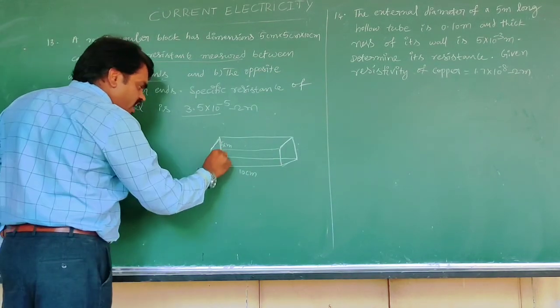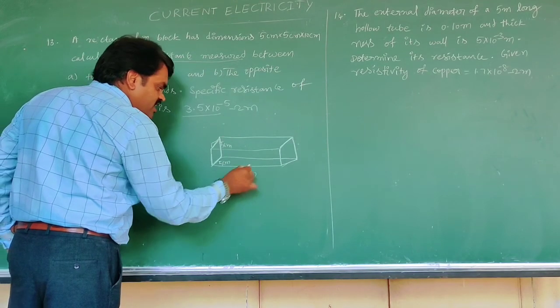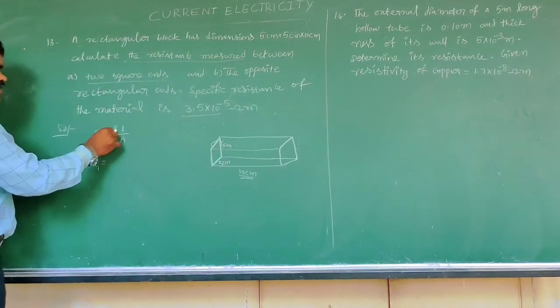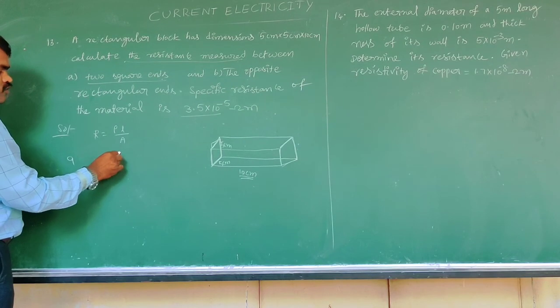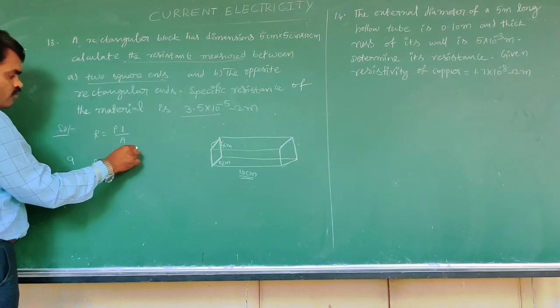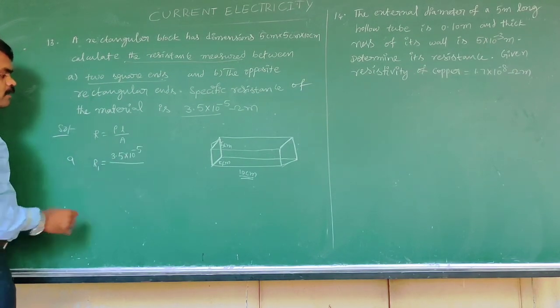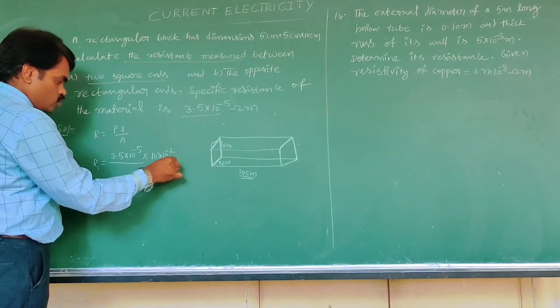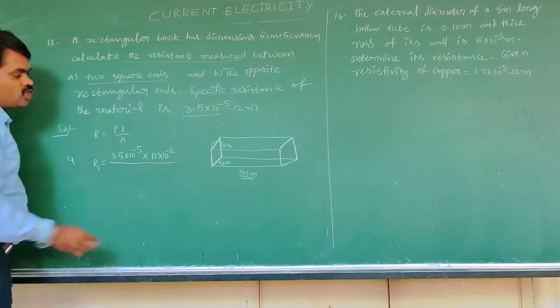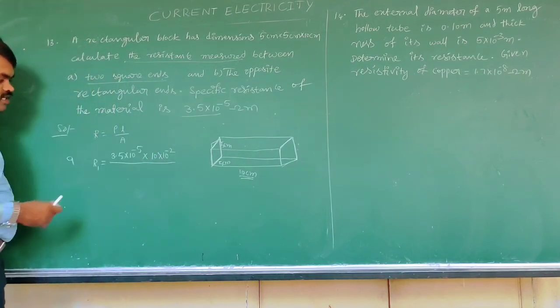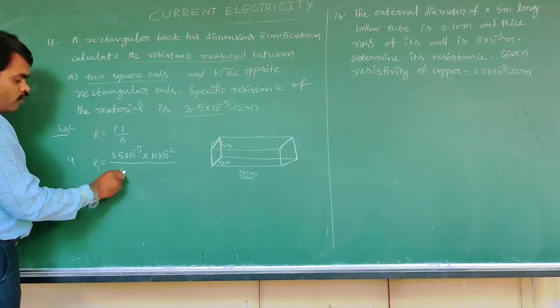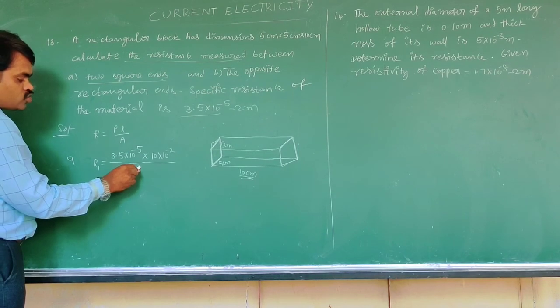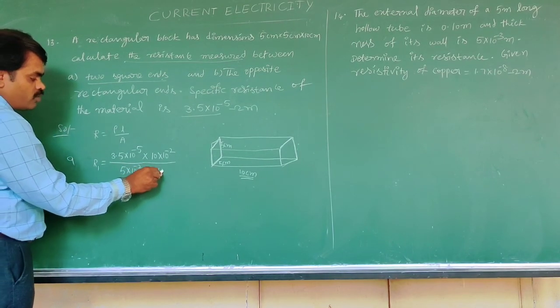In the two square ends, the length is 10 centimeters. That is rho, 3.5 into 10 to the power of minus 5, by length 10 into 10 to the power of minus 2, because 10 centimeters in terms of meters, by area 5 into 10 to the power of minus 2 into 5 into 10 to the power of minus 2.